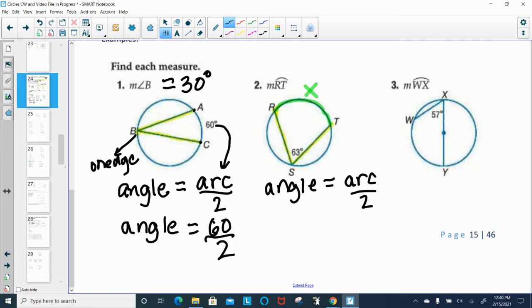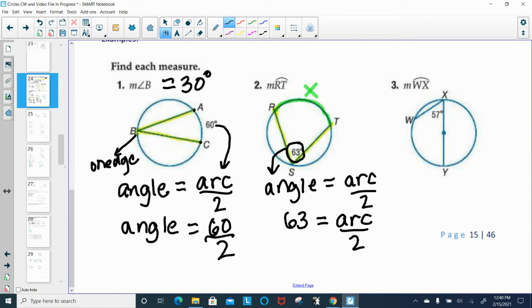And this is where most people make their mistake. They think that the 63 gets divided in half, but really it does not, because in this situation, this 63 is the angle measure. That 63 is sitting right inside the vertex. So when we substitute information into the equation, that has to go there.